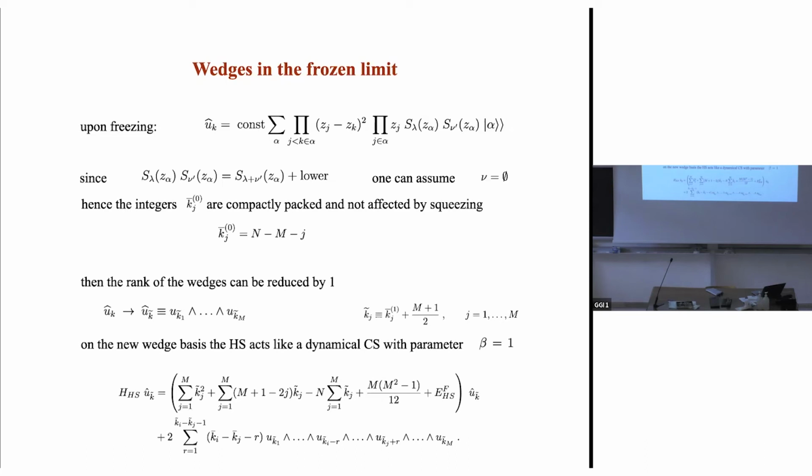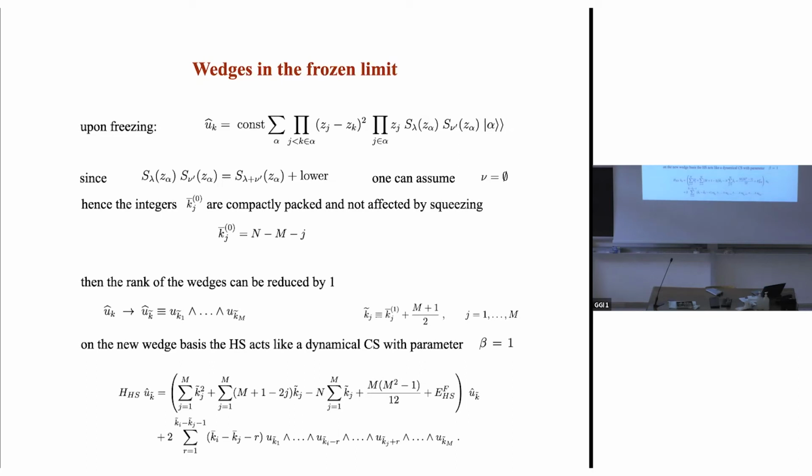in conclusion, if we do this construction, we have to keep the momenta fully packed, and we can ignore this part of the wedges and just keep the part which comes from the down spins.